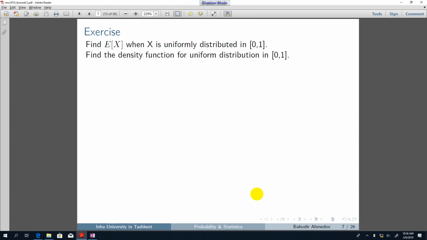Now, if it is clear, could you please calculate the expected value of x if x has the uniform distribution between 0 and 1?